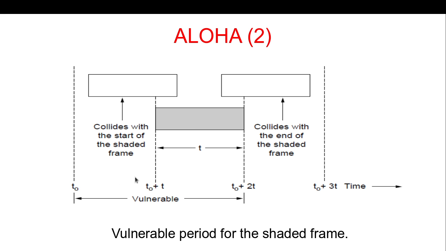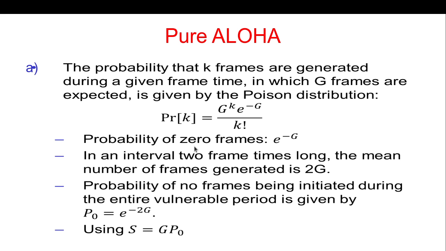And that's why this 2t time is called the vulnerable time for this shaded frame. There should be no frame generated in this vulnerable time for the successful transmission of the shaded frame. This is the vulnerable period, we can say.